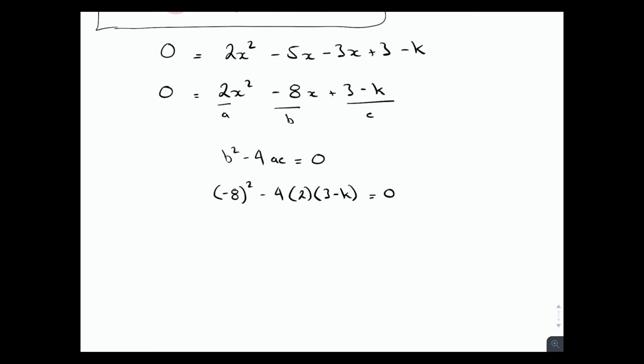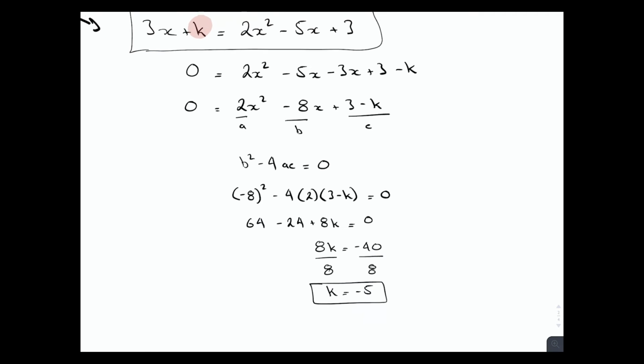If I do my math, I'll get 64 minus 8 times 3, 24, and that'll be plus 8k equals 0. Collect like terms and consolidate everything on the right hand side, and that will give me negative 40 plus 8k. If I divide both sides by 8, I end up with k equals negative 5.